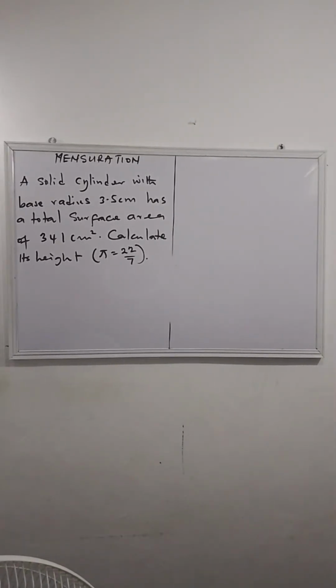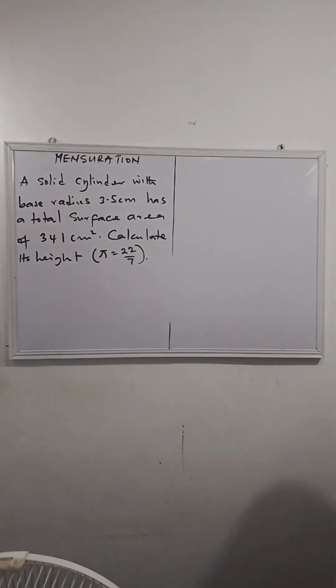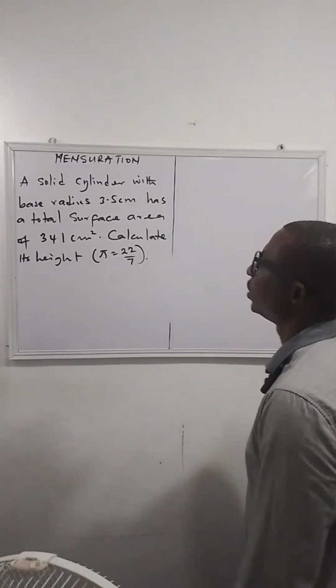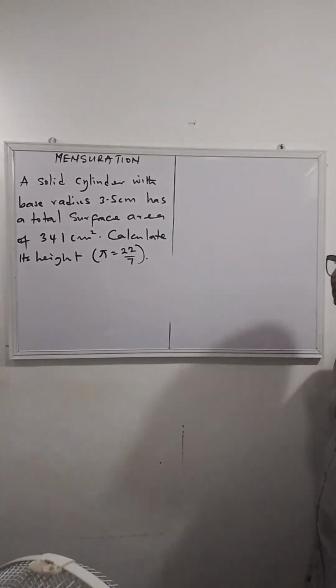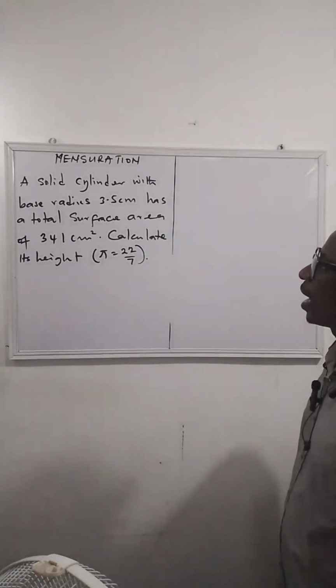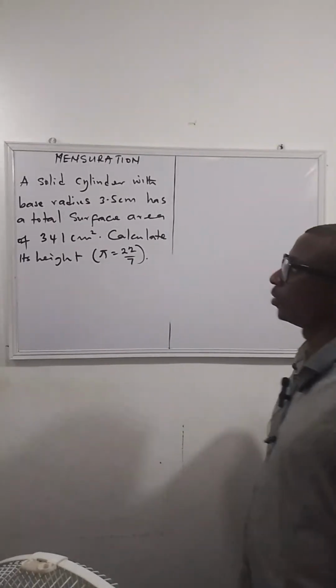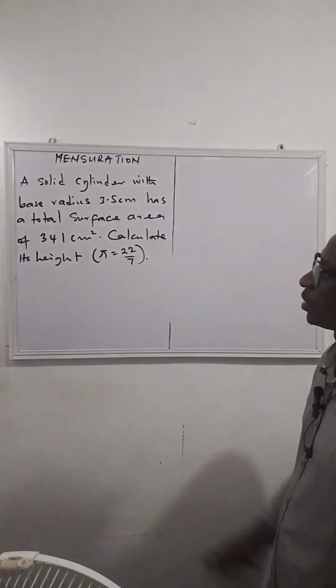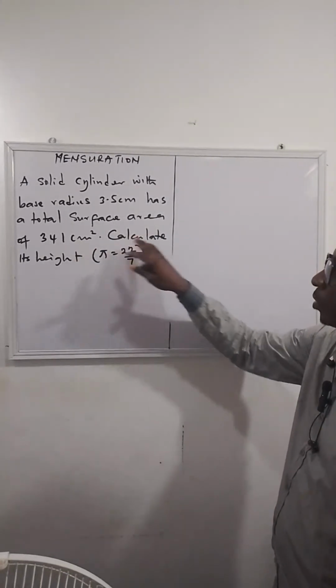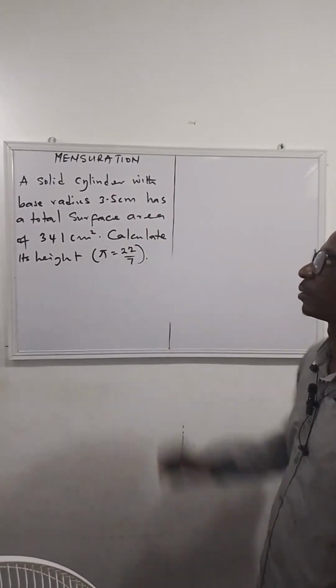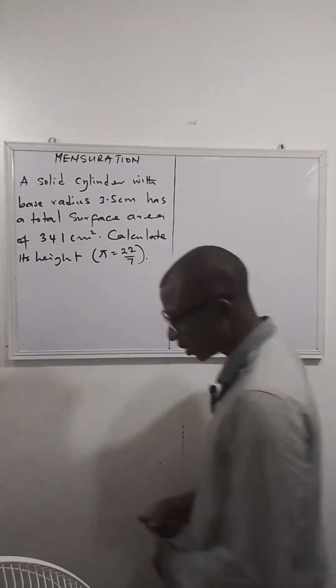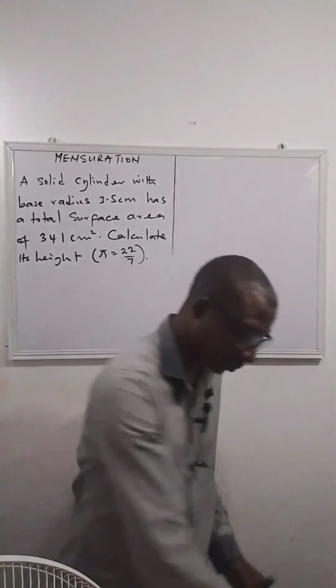Now let's move on. Let's look at the question. A solid cylinder with base radius 3.5 centimeters has a total surface area of 341 centimeters squared. So calculate its height. Now, can we sketch the diagram? Let's see the way it looks like.